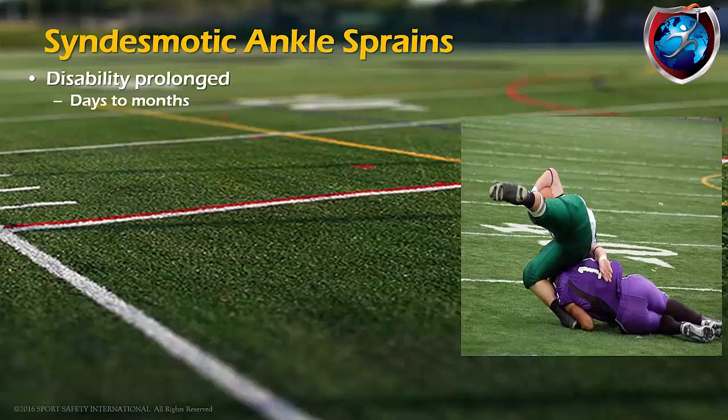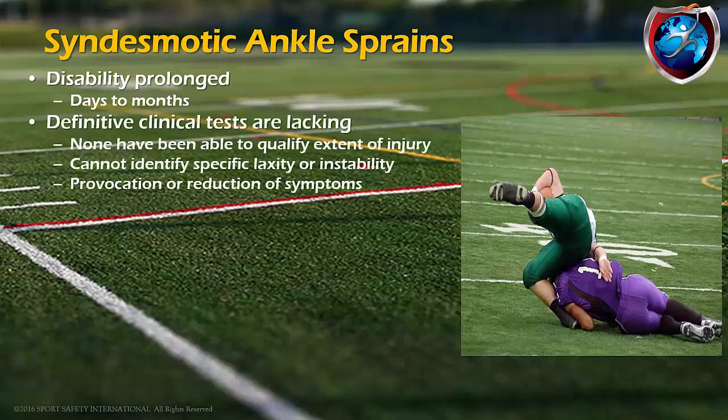Disability can range from days to months. Definitive clinical tests with which to grade severity and predict disability are lacking. Several clinical tests have been reported in the literature, including the squeeze test, modified Kliger test, fibular translation test, and cotton test, but none have been able to qualify the extent of injury.